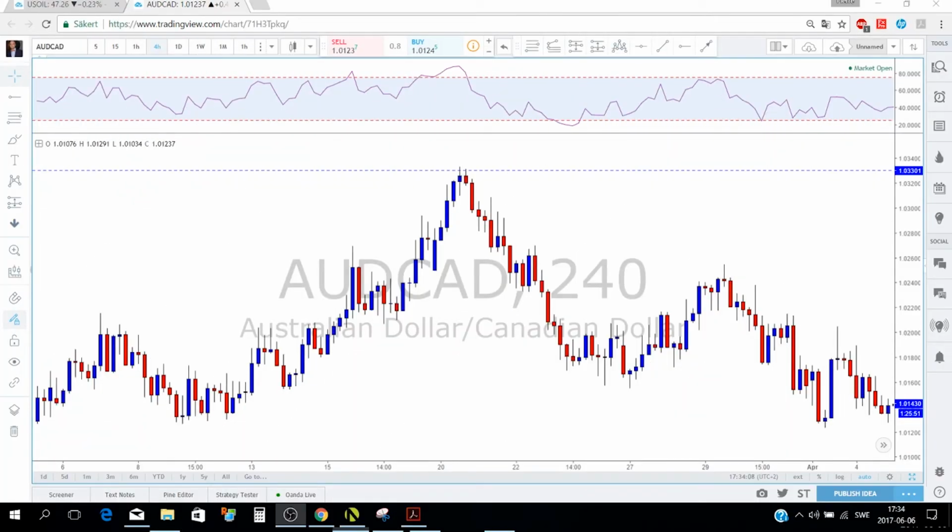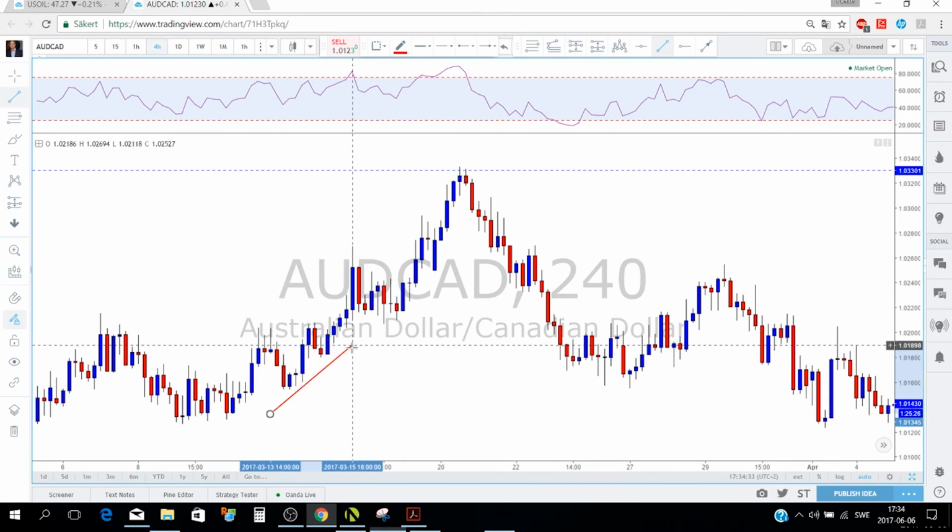So guys, here we have a very good example of how to use those stars in the chart and in confluence with support and resistance, and in this case the RSI. If you look at this market here, we're looking at the Aussie CAD 4-hour time frame.